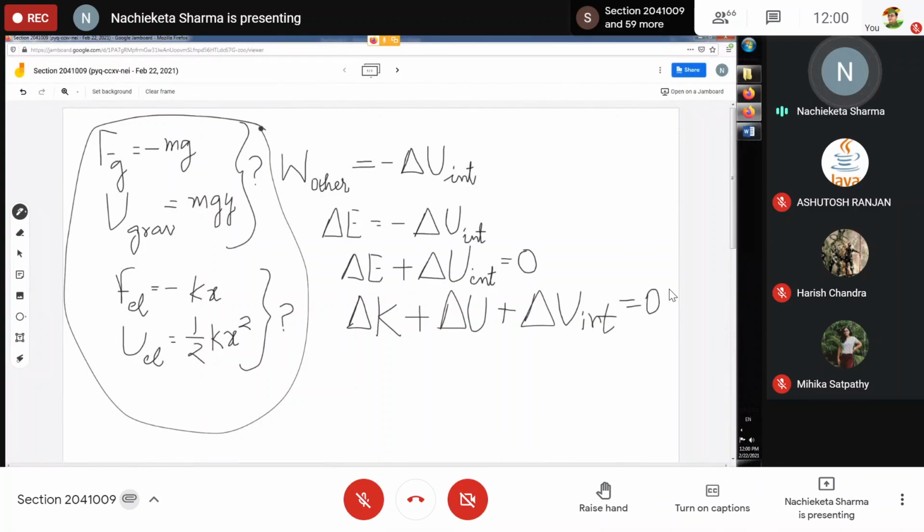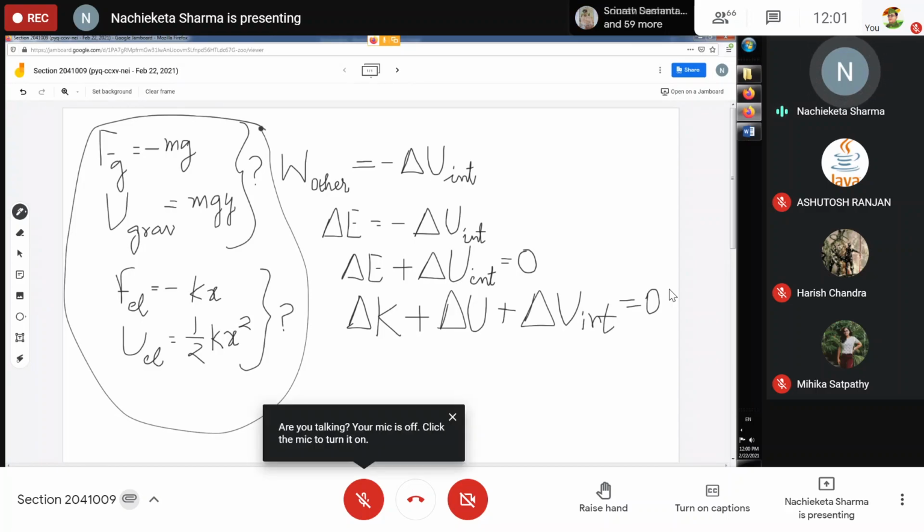The other forces can be non-conservative forces, and whenever a non-conservative force is present, the final energy is always less than the initial energy. So the work done by other forces can be expressed in the form of change in internal energy.